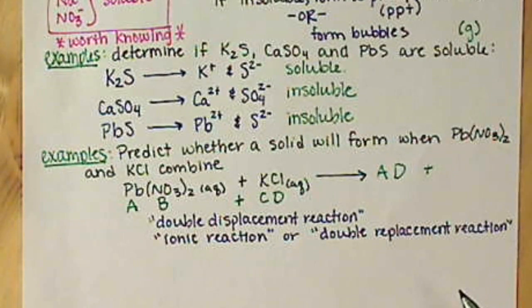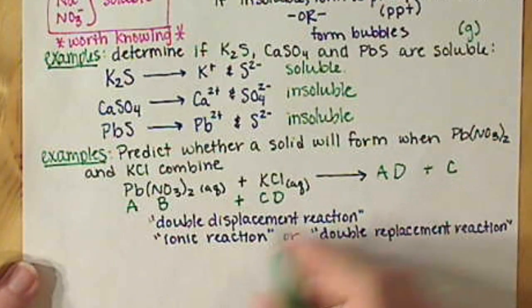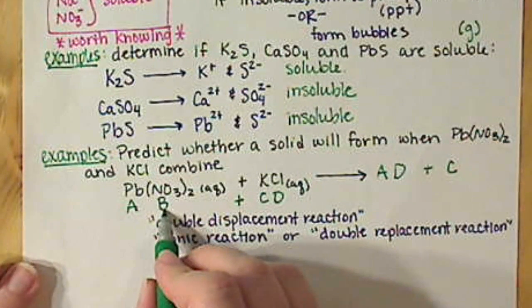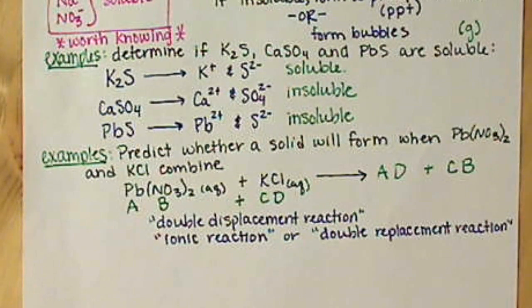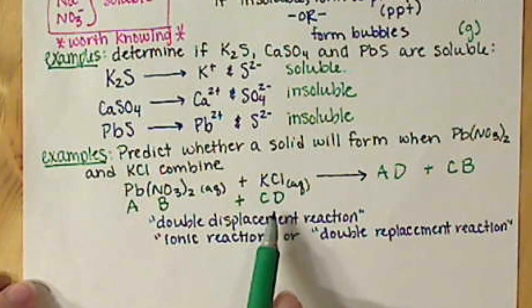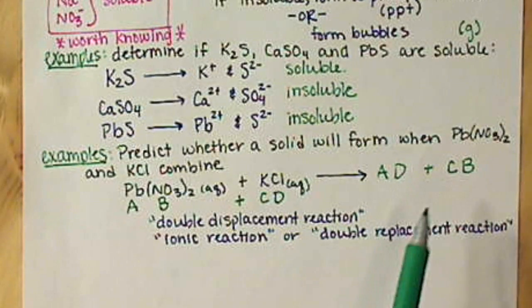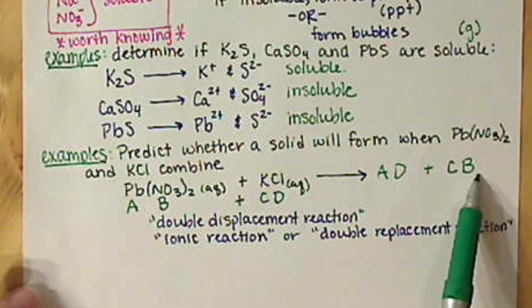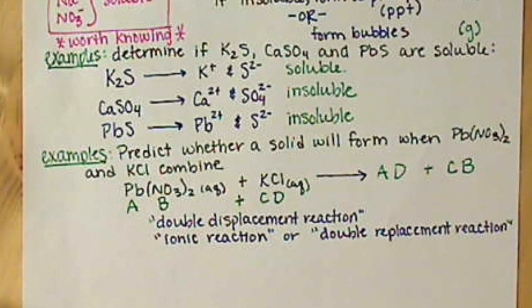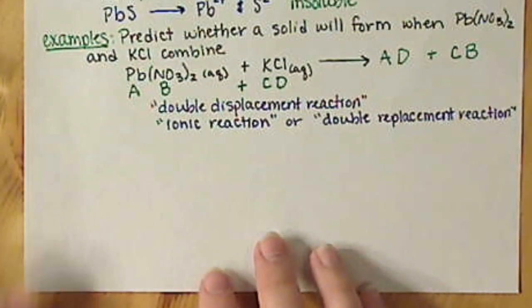We always list our metal first, so we're going to take our C, and that's going to combine with the B. Basically, we have to figure out how A and D are going to combine, following our rules from chapter 5, and how C and B are going to combine. So let's go through this step by step.